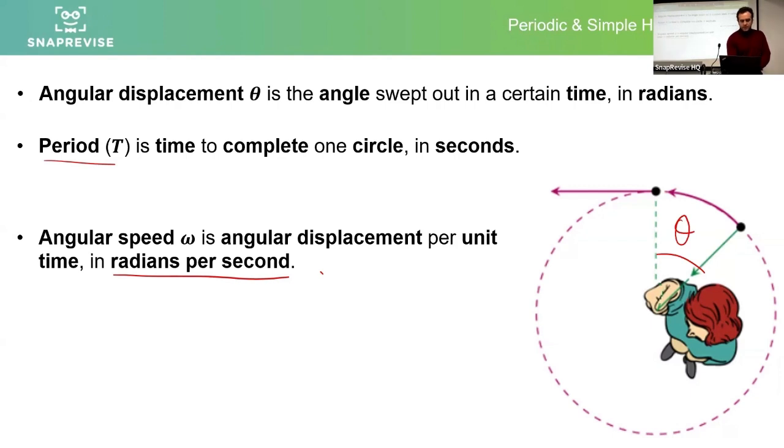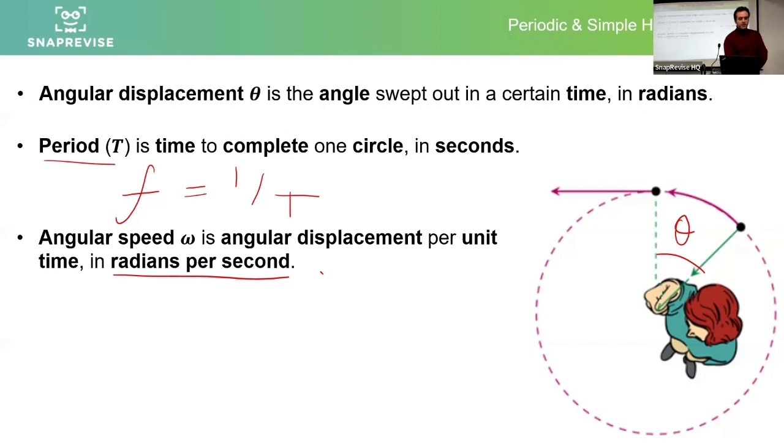Briefly, if the period is the time to take one full revolution, how many revolutions do you do per second? That's the frequency. It is going to be 1 revolution per period. That is your frequency. The angular speed then. If you are doing, let's say, 3 full revolutions per second, how many radians are you turning through per second? Well, you're doing 2 pi and 2 pi and 2 pi.